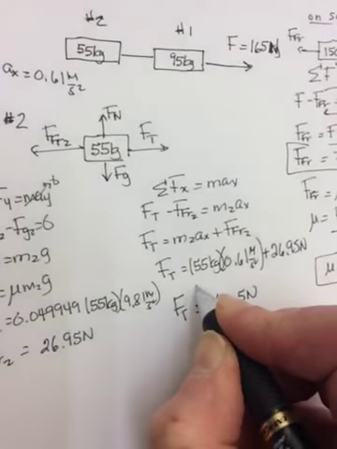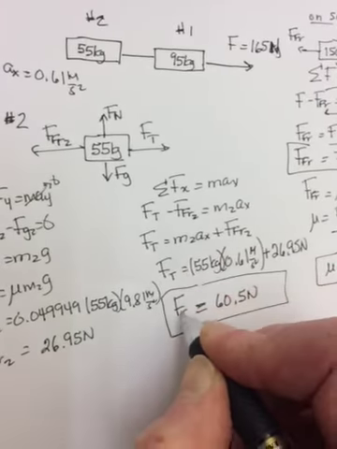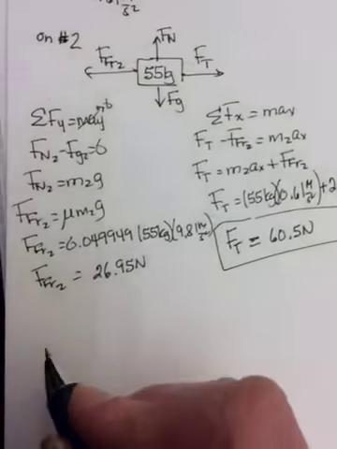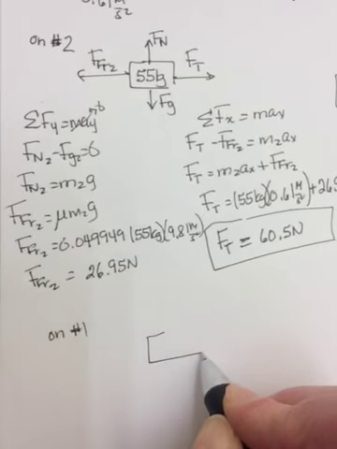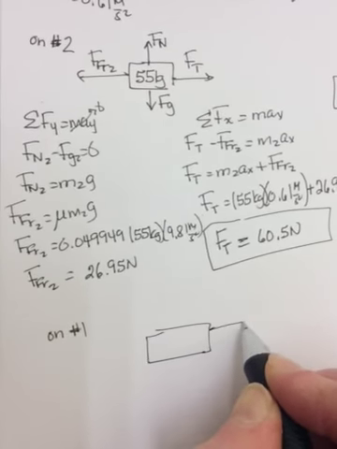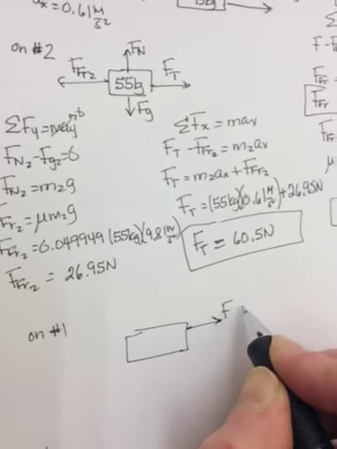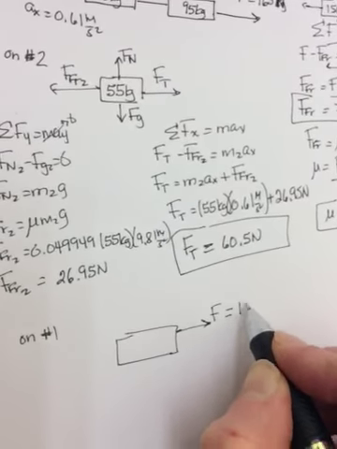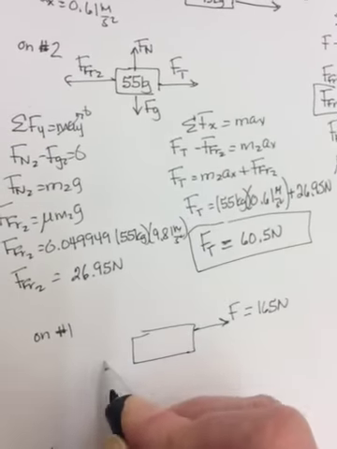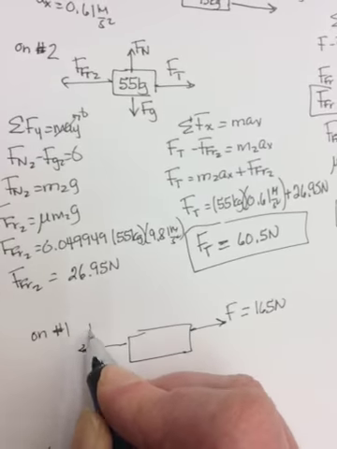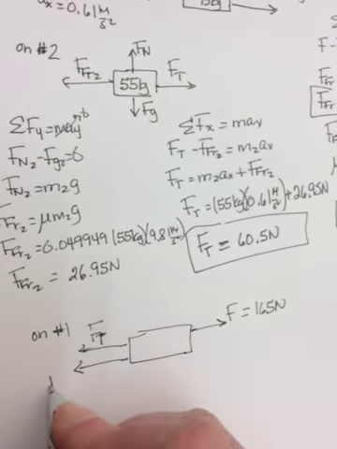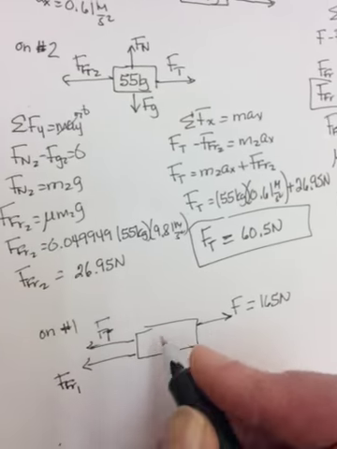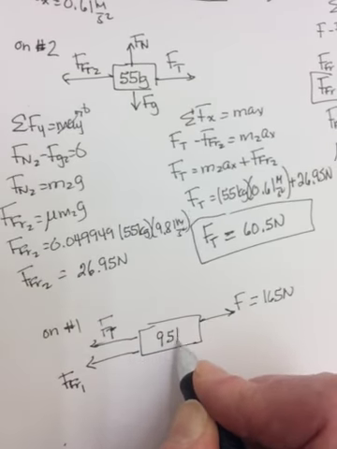Okay, now if you want to check it, you would look at number 1. So you would do it on number 1. And on number 1, pulling forward is the force they told us, 165 newtons. Pulling back will be the tension that we just found and the friction on number 1 that we don't have yet. This is 95 kilograms.